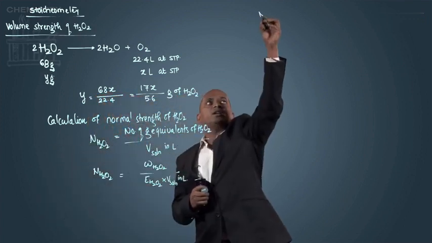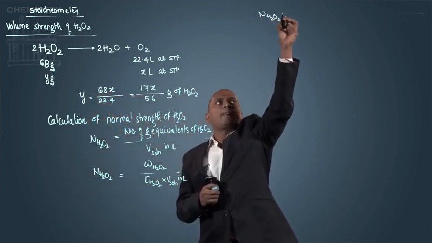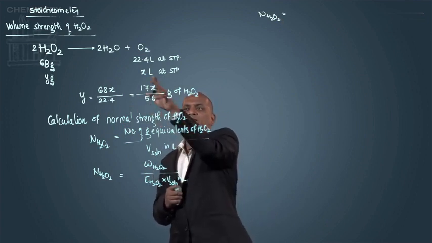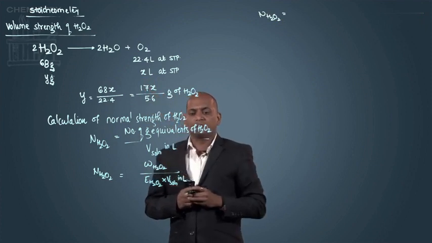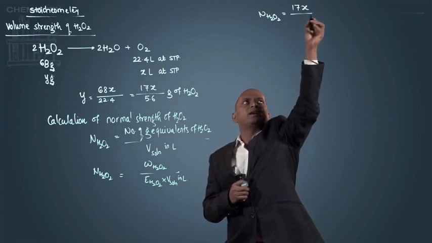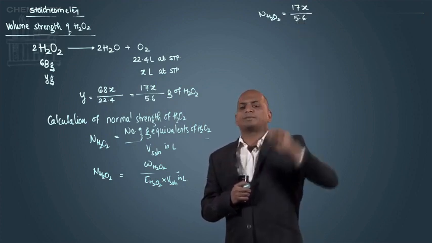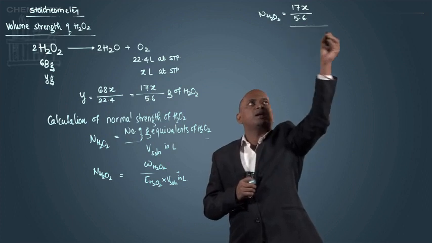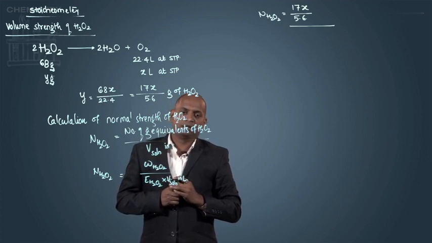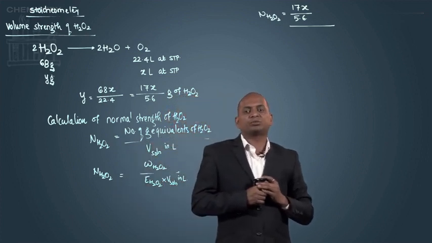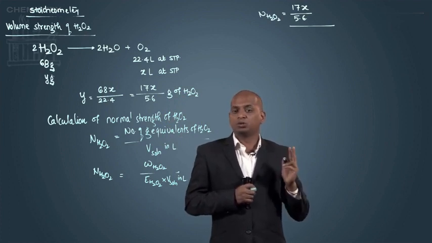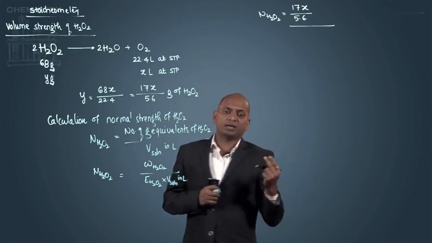So, normality of hydrogen peroxide is equal to weight of H2O2, which we have already got from this equation, 17x divided by 5.6, divided by the equivalent weight of hydrogen peroxide, and that is 17, because the molar mass of H2O2 is 34 and the number of replaceable hydrogen ions is 2.